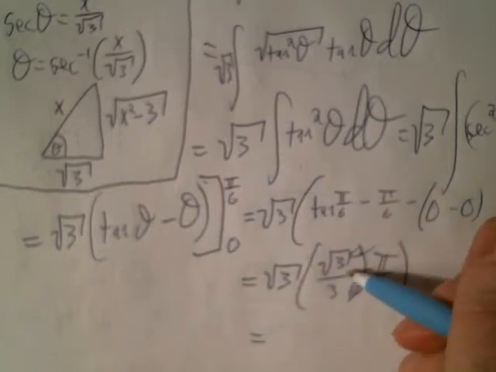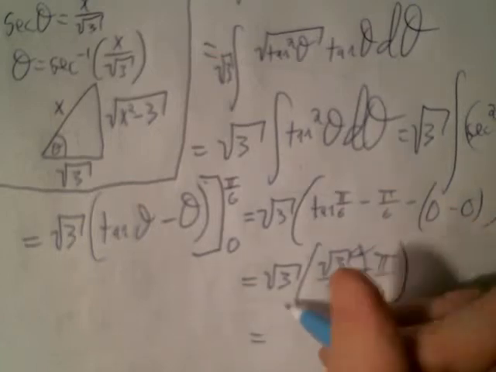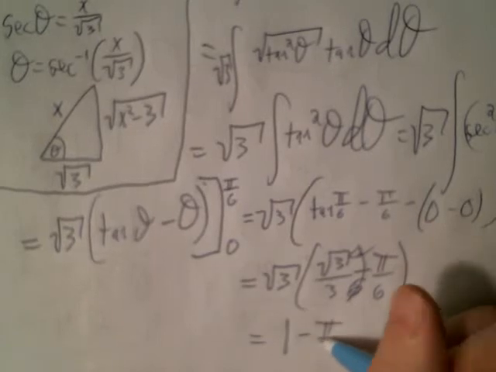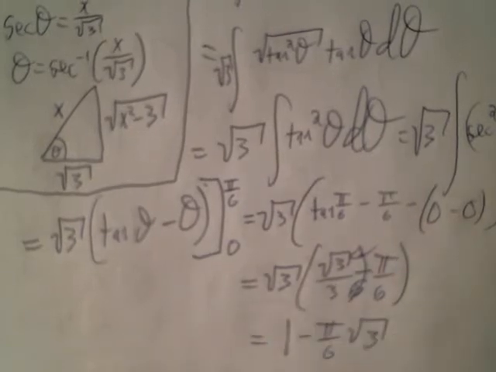In other words, it's root 3 over 3, minus pi over 6. I still have to remember that little curve. So tan of pi over 6 is that. Then multiply it out. So root 3 times root 3 over 3 is just going to be 1, minus pi over 6 root 3.